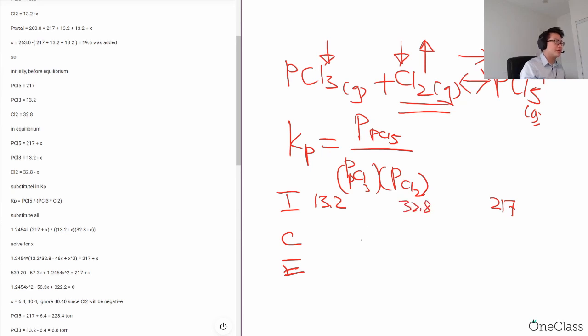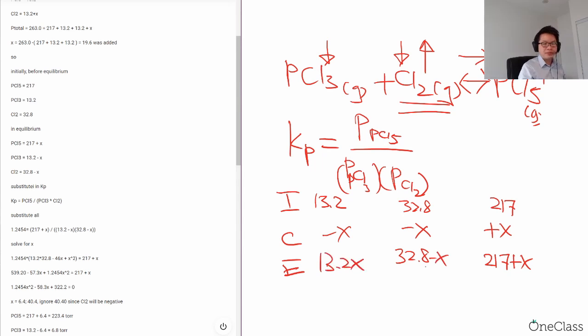By Le Chatelier's principle, the reactants will decrease in order to remove the excess chlorine, and we'll have more PCl5. At the end, we establish the equilibrium pressures.